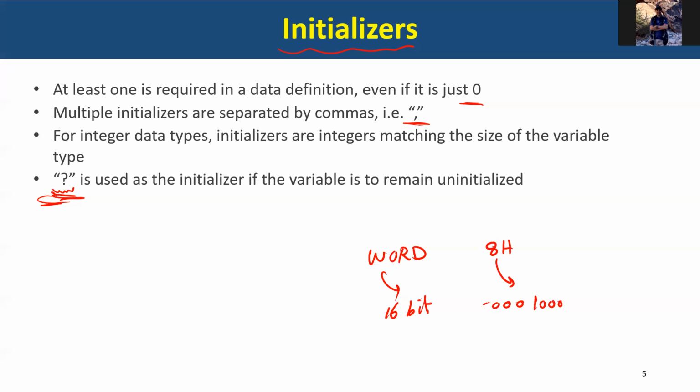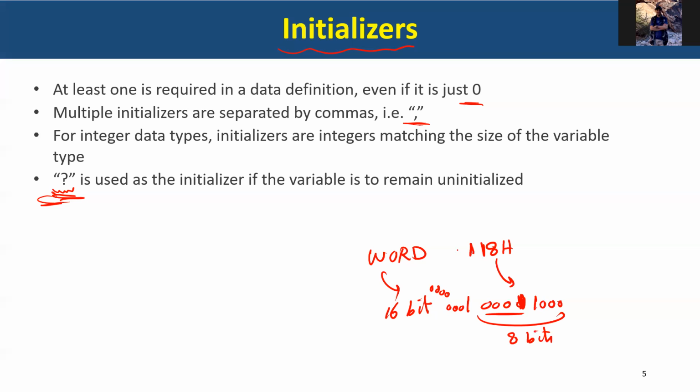Then you can add 4 zeros, which will be 8 bits. You can put 18, which means 1000 and then 0001, still 8 bits, which is less than a word. That's good. You might put 118, which means 0001 and then another 4 zeros, so this will be 16 bits, still less than or equal to 16.